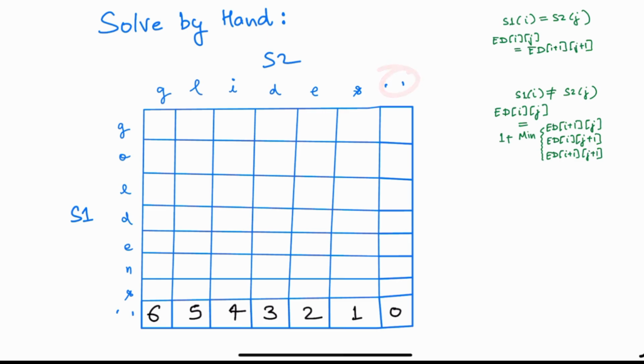S2 is an empty string, S1 is the substring precisely going from S till the end. So in order to make this equal to this empty string, we would have to delete S. That is the least number of operations that we have to do. So it should be 1. So let me put 1 here. Oops.